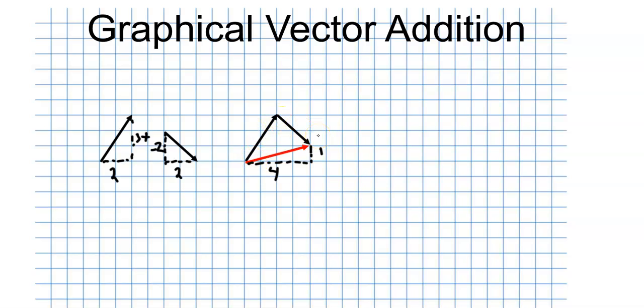Now, there's another thing that you could be asked to do here with a couple of vectors like this. And let me do some erasing here. You know what, maybe I can just copy all this. Alright.